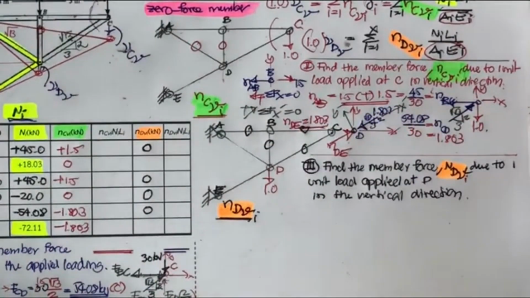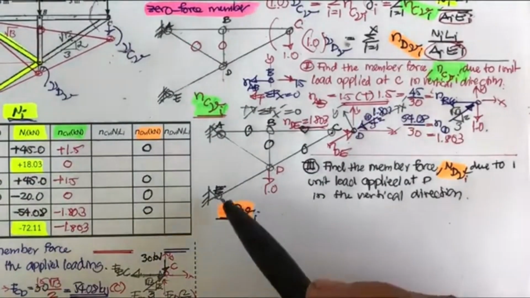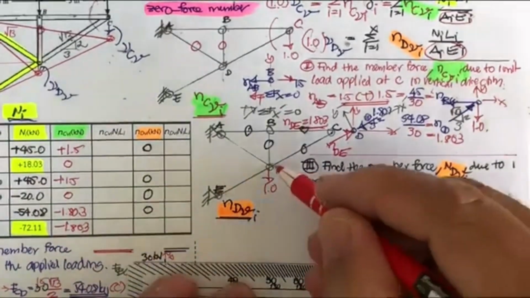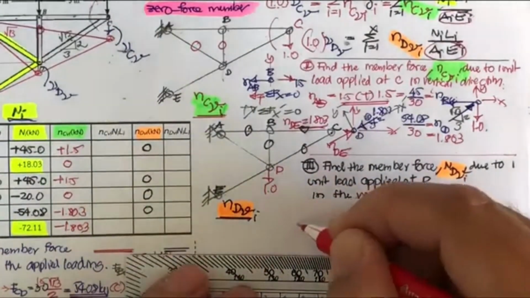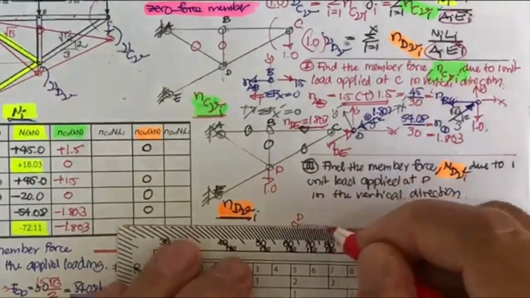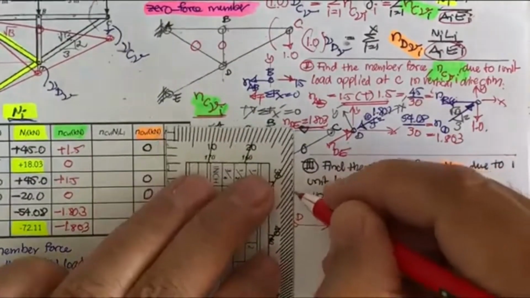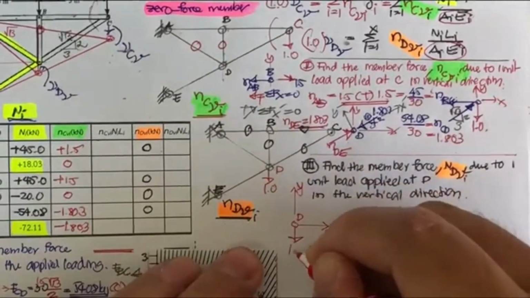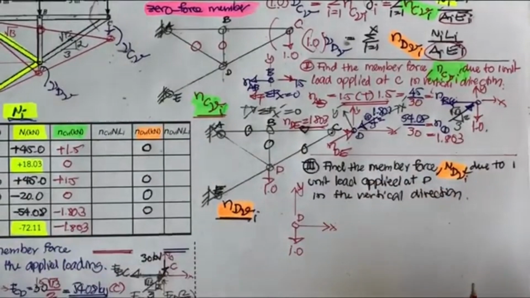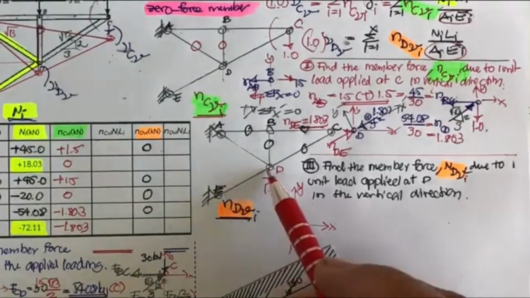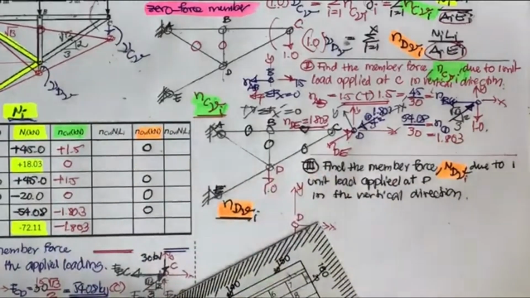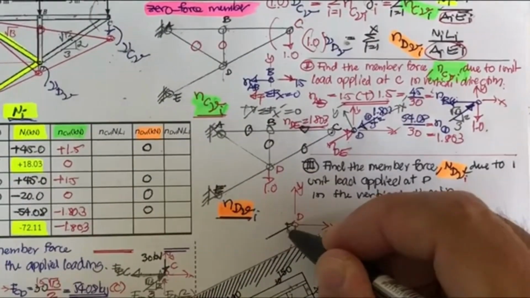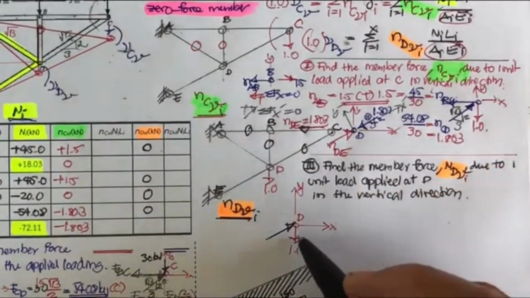So only two are left to determine. For this one and this one, it's going to be very easy. Just take joint D here. This joint D has the x-axis and the y-axis, and 1.0 is here, downward, so the force here must resist upward to balance the 1.0.